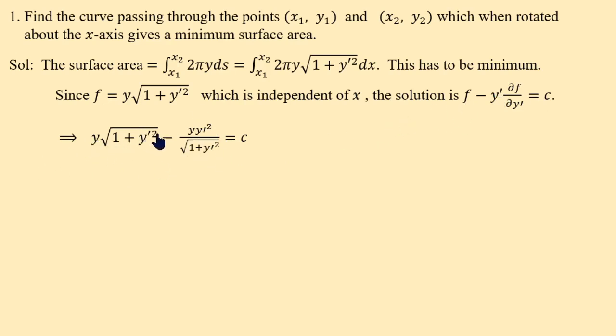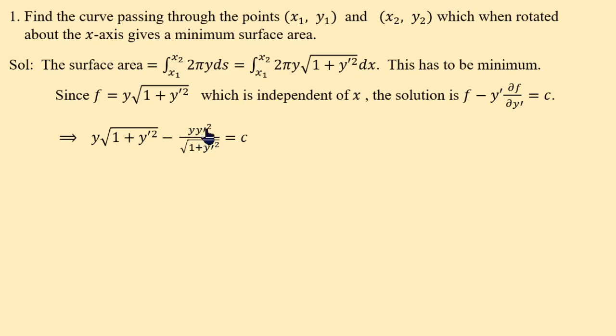root of 1 plus y dash square minus y dash into dou f by dou y dash equal to c. Once again I repeat, here y is constant, the derivative of root of 1 plus y dash square is 1 by 2 root of 1 plus y dash square into the derivative of y dash square, which is 2 y dash. Cancel 2, so y into y dash by root of 1 plus y dash square is dou f by dou y dash, multiplied by y dash.